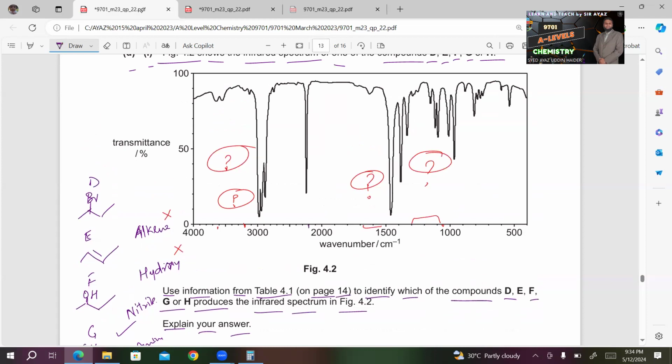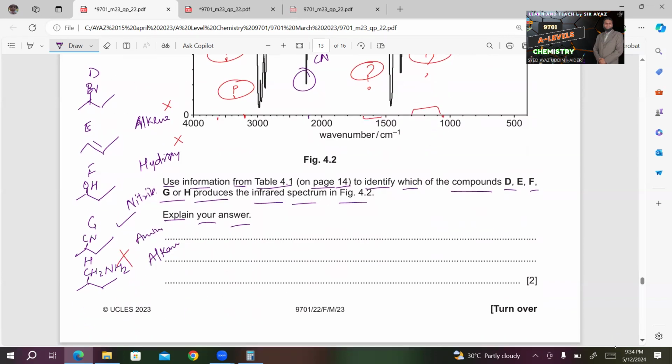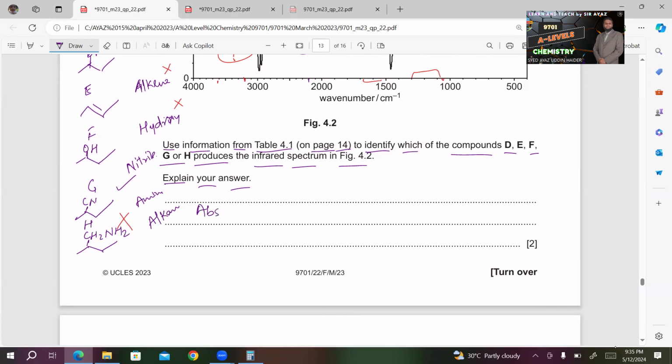This is the peak for C triple bond N. So you write absorption at 2200 till 2250, and it is of C triple bond N. Therefore, it must be G.